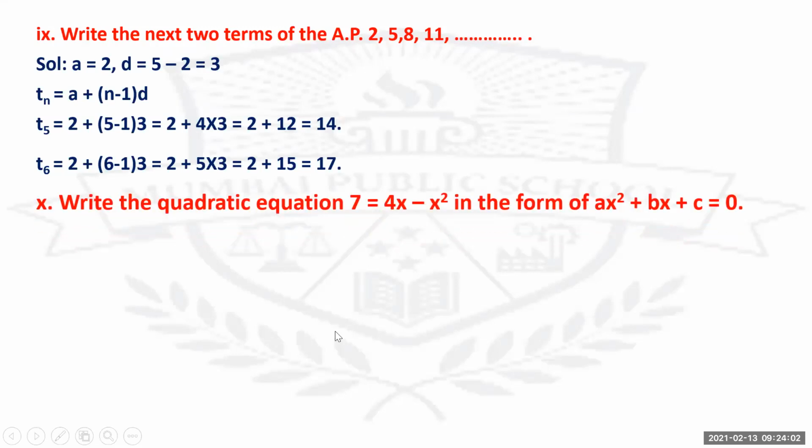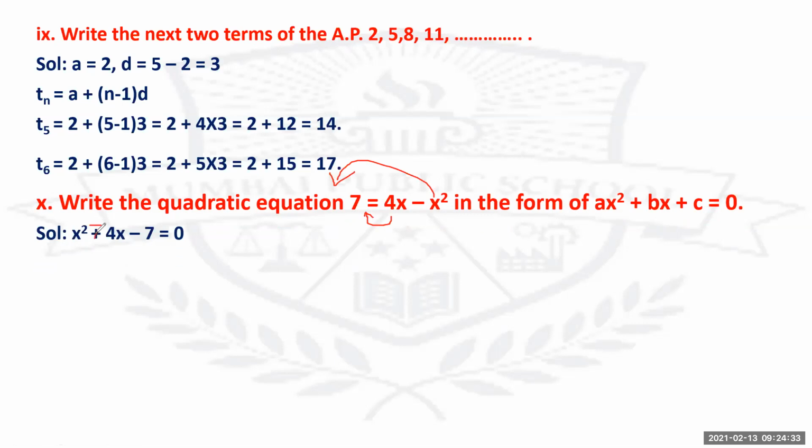Write the quadratic equation 7 equals to 4x minus x squared in the form of ax squared plus bx plus c equals to 0. So what you will do is, you will change the position of minus x square. When minus x square goes to the other side, it becomes plus x square. And 4x goes to the other side, so that becomes minus. Understand? So x square, here it should be minus.